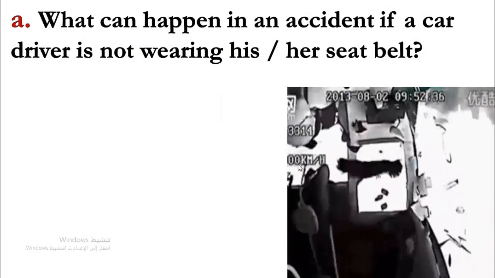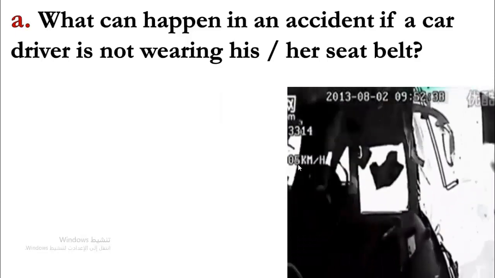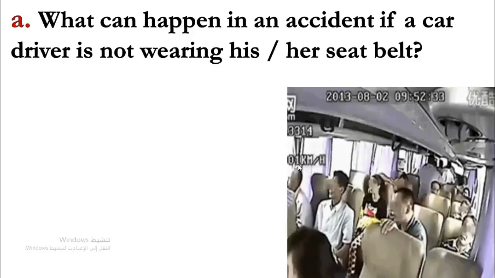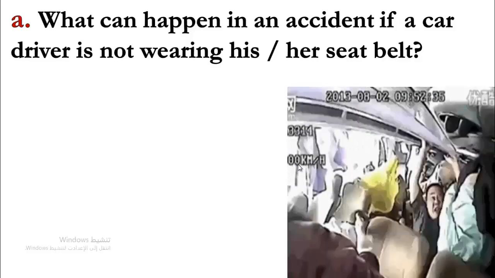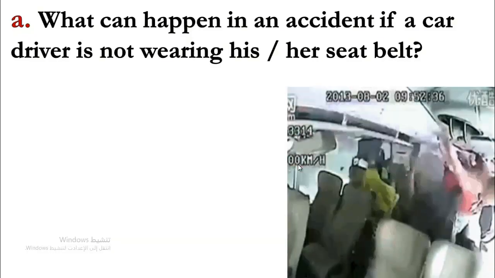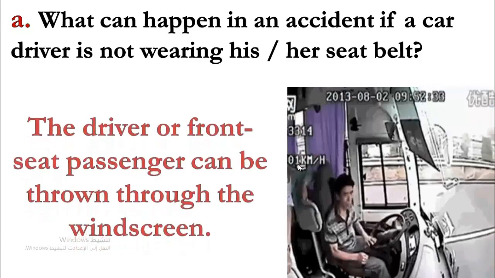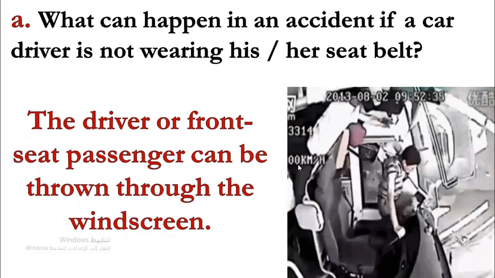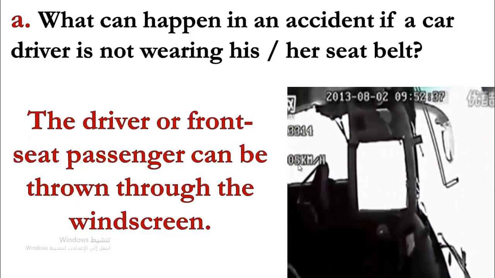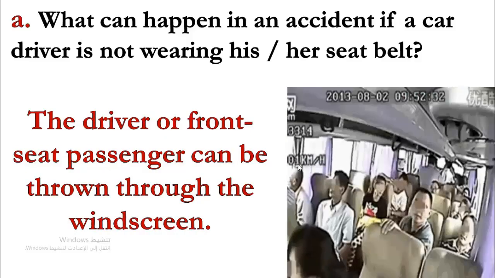Number A, what can happen in an accident if a car driver is not wearing his or her seat belt? As you see in the picture, yes, excellent. The driver or front seat passenger can be thrown through the windscreen.